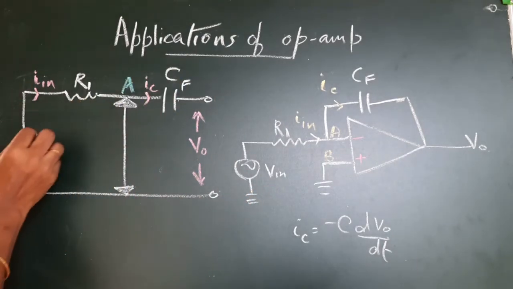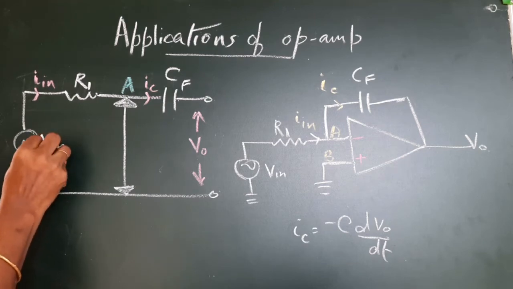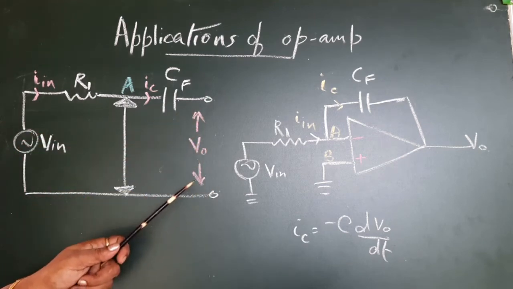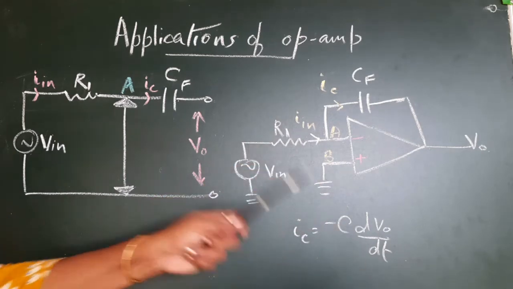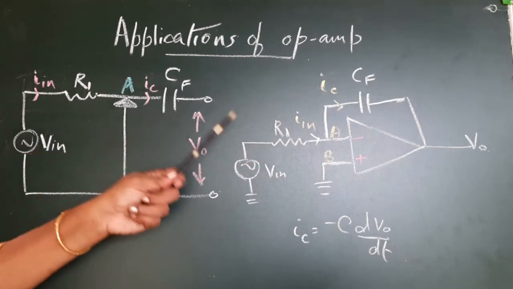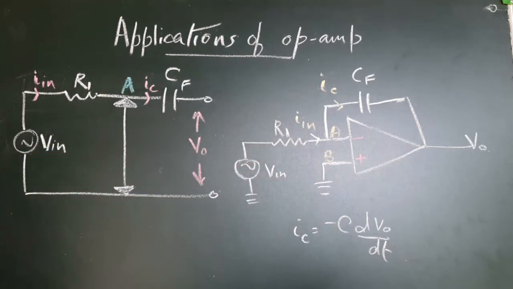This is the input V in, and this is the output V out. So the equivalent circuit of this integrator can be drawn like this. Now let us do a numerical problem.